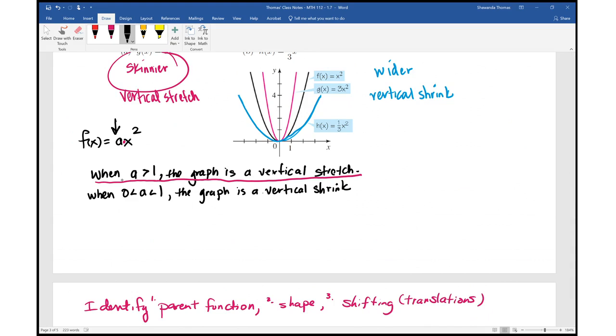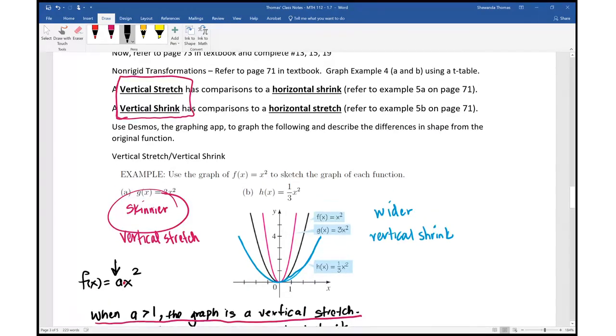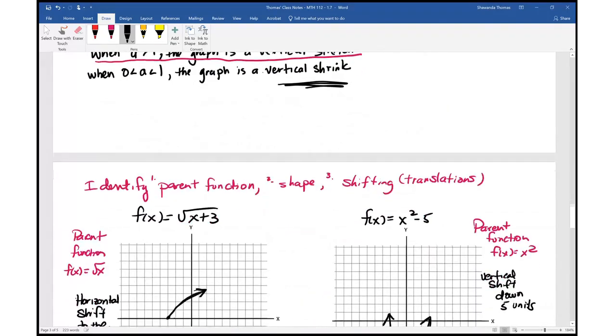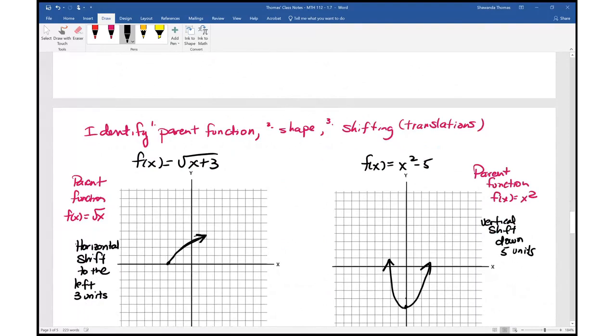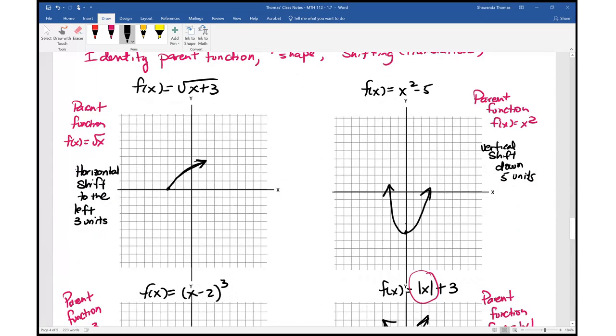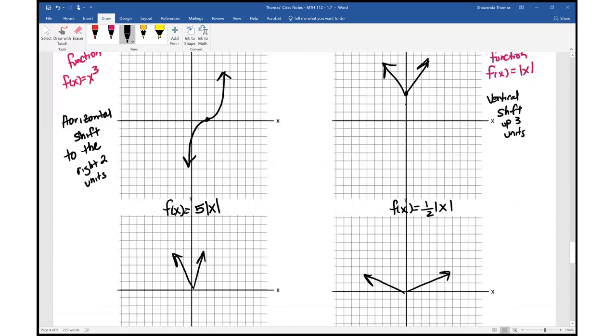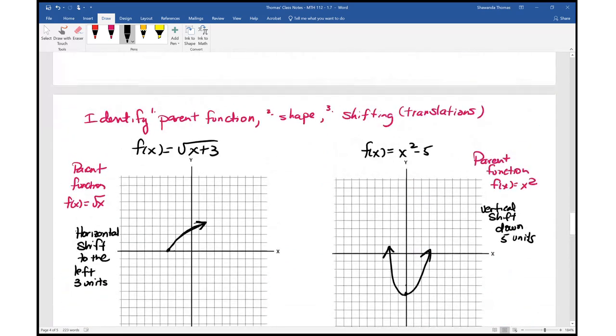Therefore, we have vertical shrink, which means that our function looks wider, almost like pressing down Play-Doh, compressing it, then it kind of oozes out wider. So hopefully this helps you with transformations of functions.